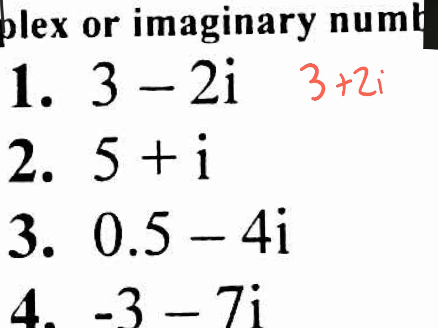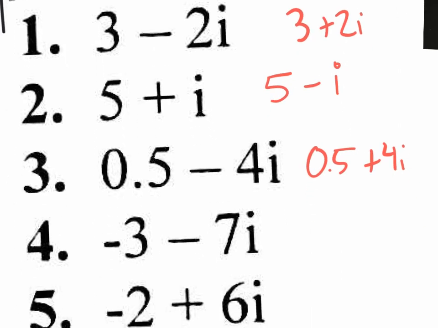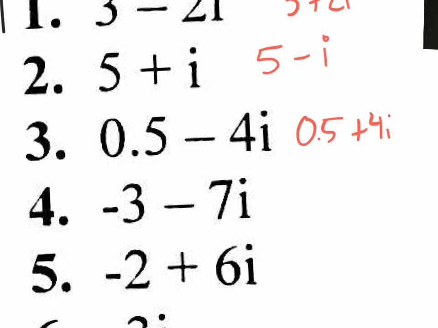How about the next one? 5 minus i. How about the next one? 0.5 plus 4i. Now, we're not doing any math here. We're just stating what the complex conjugate is. How about the next one? Negative 3 plus 7i. Now, the real part doesn't change. It's only the sign of the imaginary that changes.